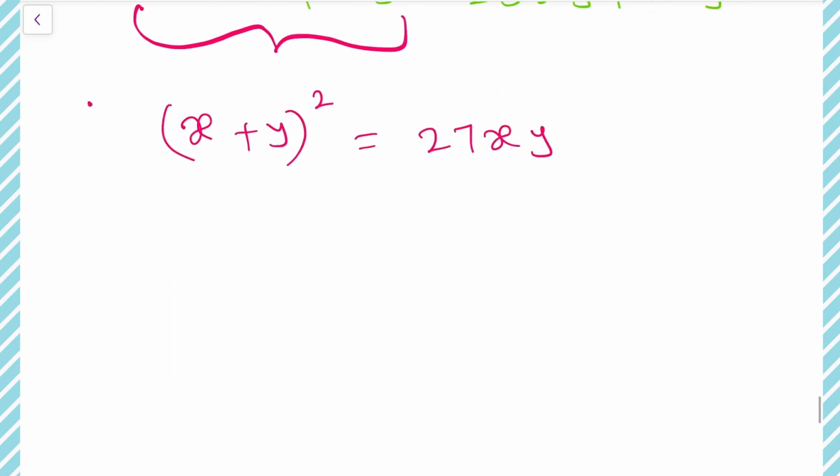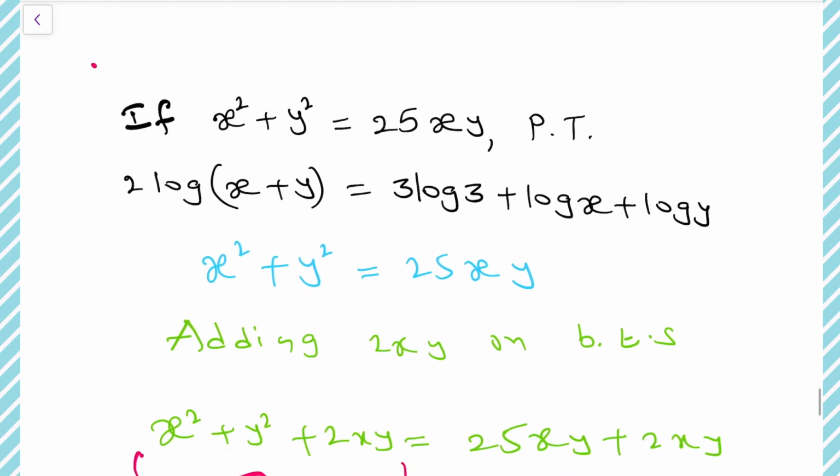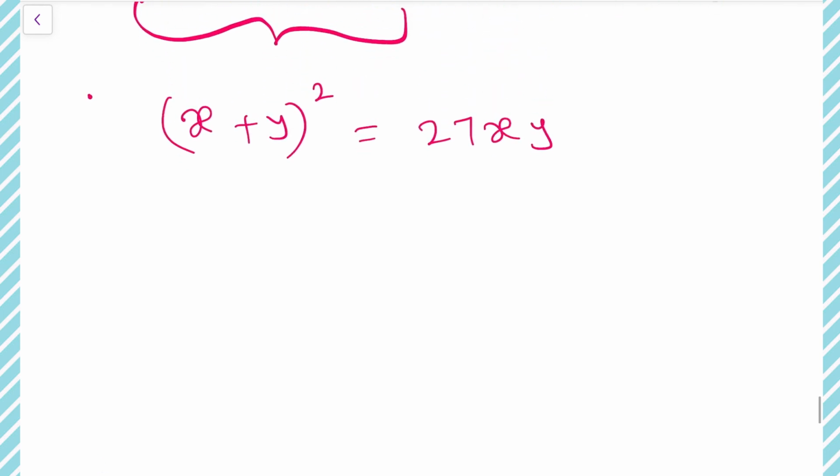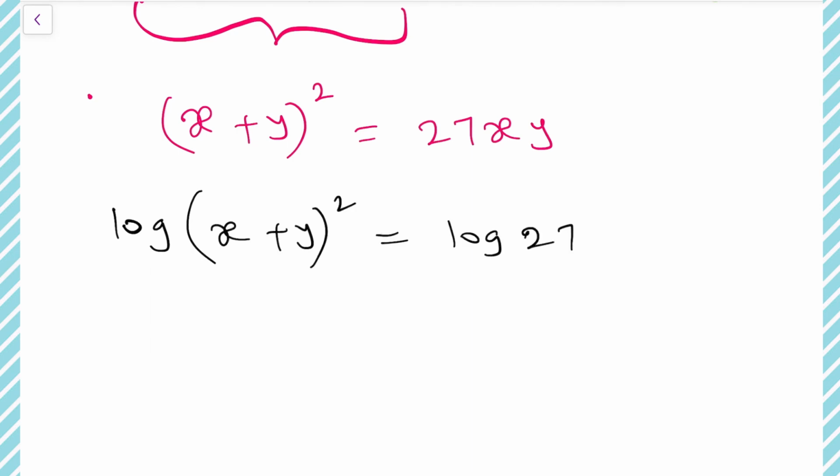Next, in the question we want a logarithm. But here we don't have any logarithm. So what do we need to do? Applying logarithm on both the sides. Log of x plus y whole square equals log 27xy.